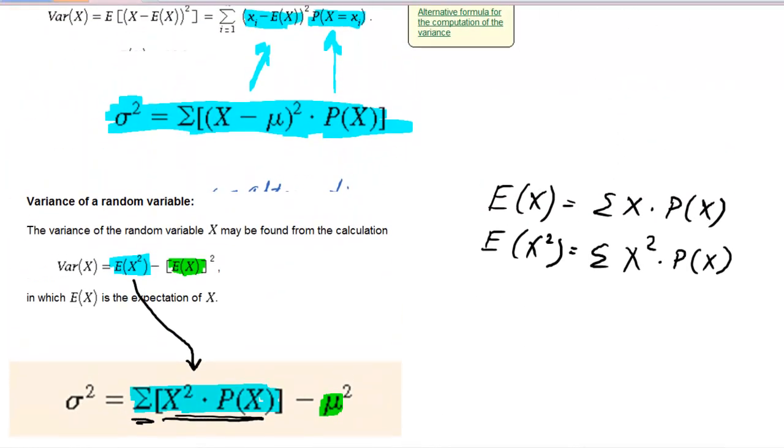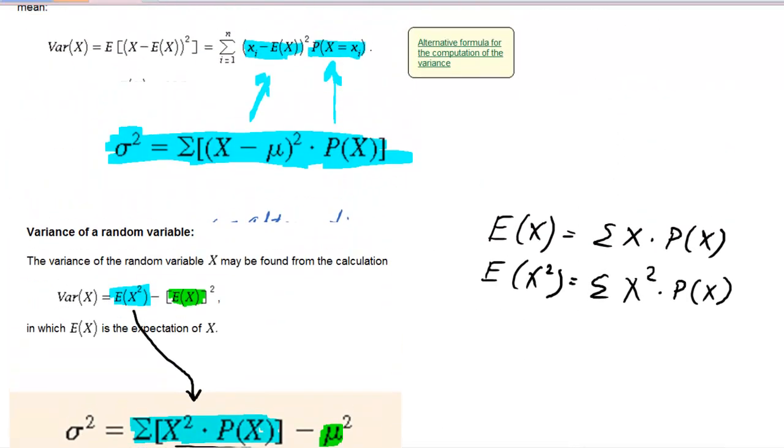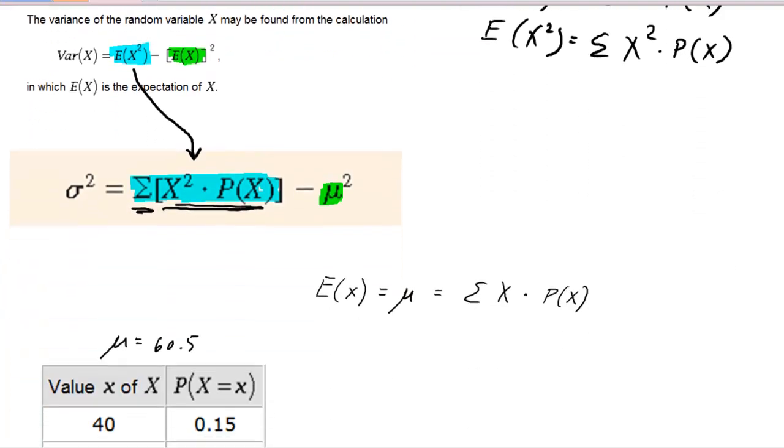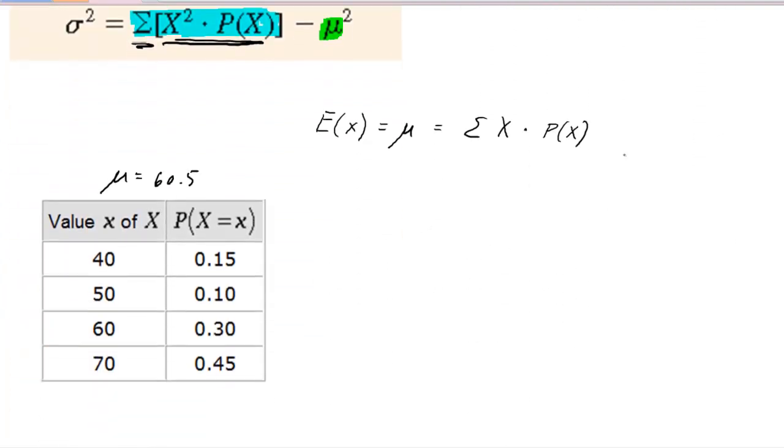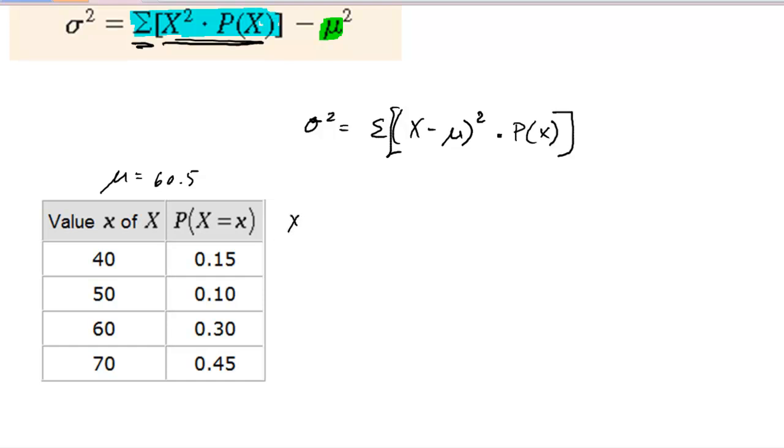My first way is to find the differences, square them, and multiply them by the probability. So the first formula I'm going to be using, let me write it down, is that the variance is equal to the sum of the x minus mu's squared times their probabilities. So the first thing I've got to do here is make a column of x minus mu's.